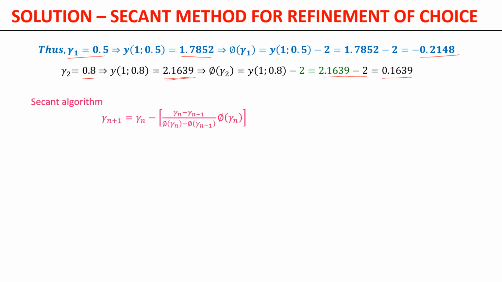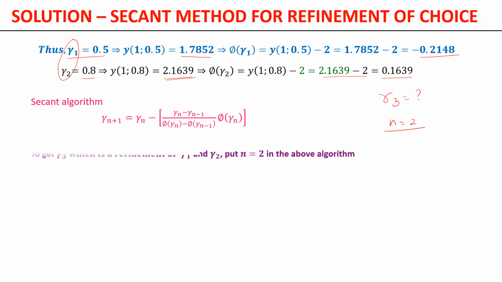So we have now written the secant algorithm. We want the refinement of gamma 1 and gamma 2, so I need to find the value of gamma 3. I put n equal to 2 in this algorithm and see what happens. I get gamma 3 in terms of gamma 2, gamma 1, phi of gamma 2, phi of gamma 1. I have all the values here.